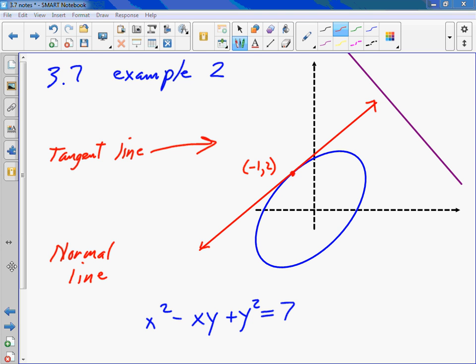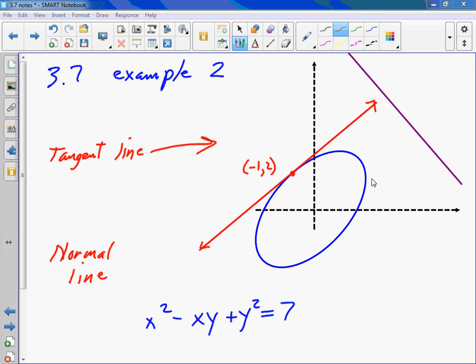She won't speak. Today we're looking at an ellipse that can be modeled by the equation x squared minus xy plus y squared equals 7. And specifically, we're going to look at a line that is tangent to that ellipse through the point -1, 2.